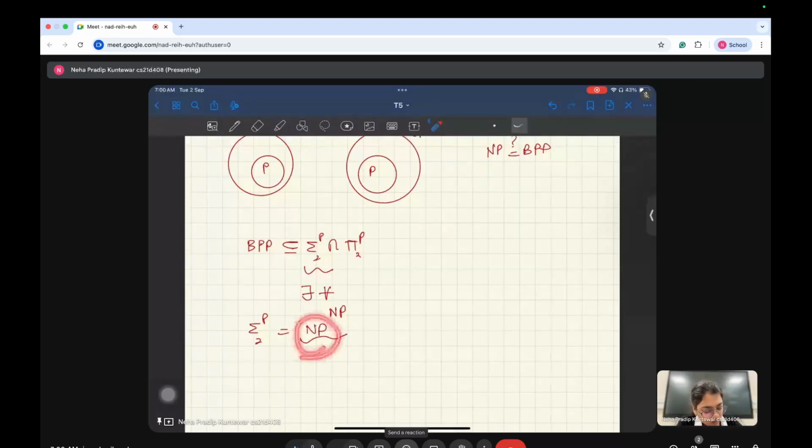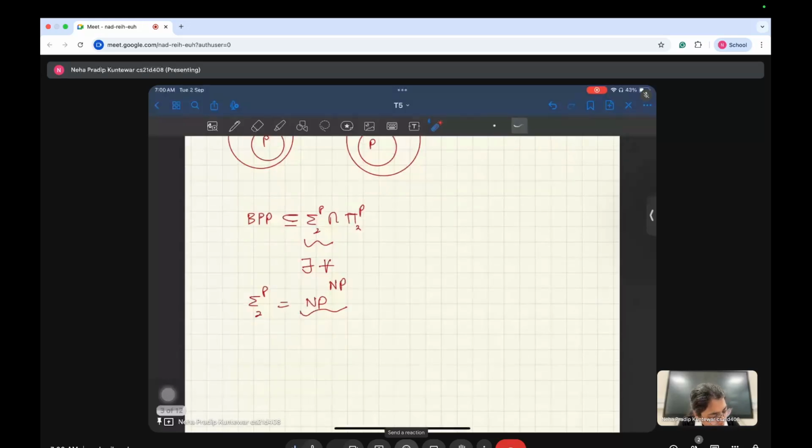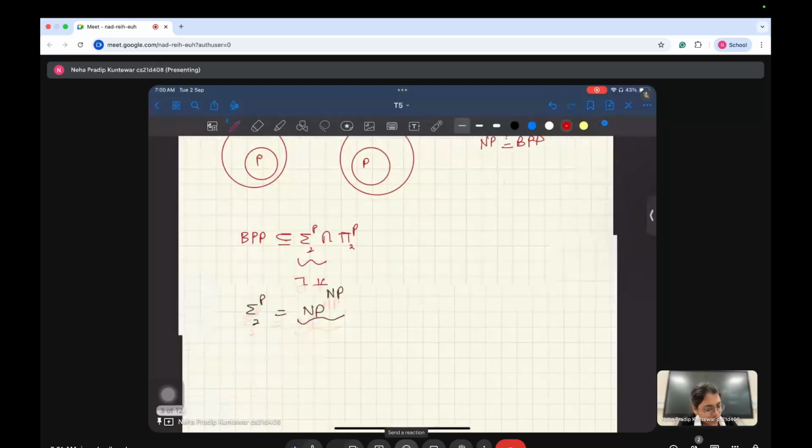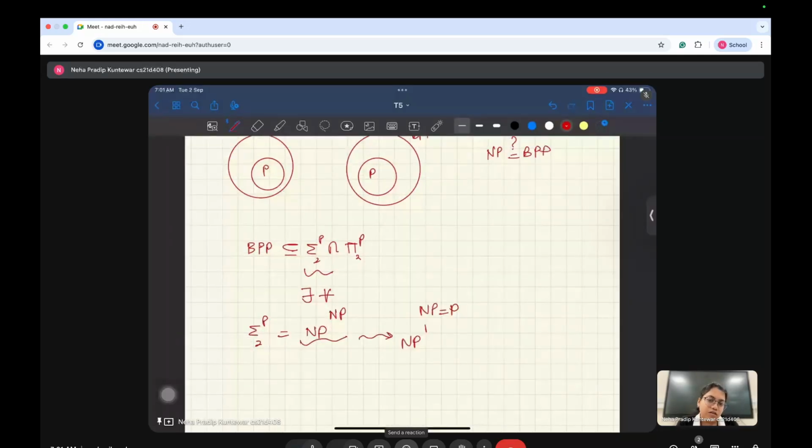So this is what we know. But now that NP is equal to P, what really happens here is that this boils down to NP to the P, and this further boils down to P to the P, because we know that NP is equal to P. So the non-deterministic machine can as well be replaced by the deterministic machine that runs in polynomial time, and P to the P is nothing but P. Therefore the polynomial hierarchy collapses to P, and therefore BPP in particular.